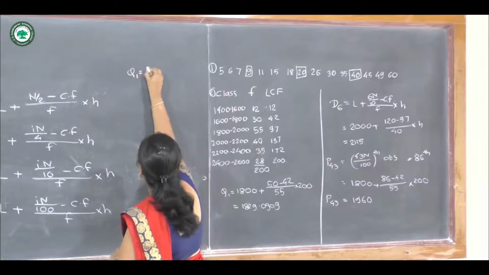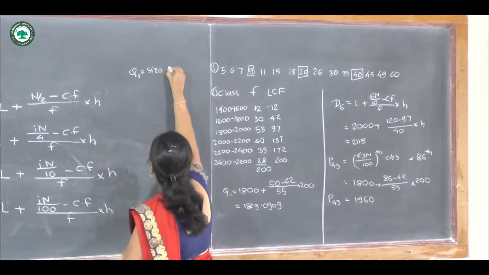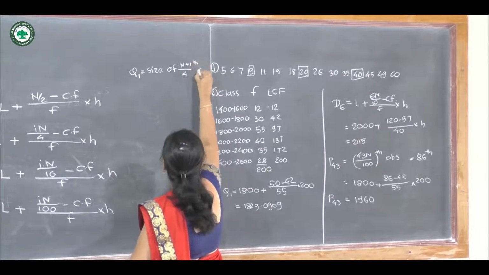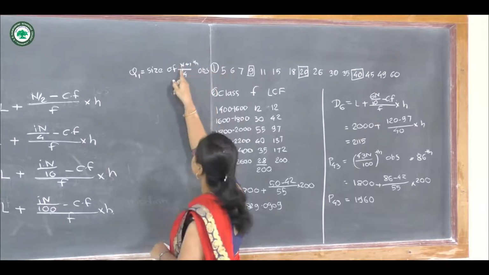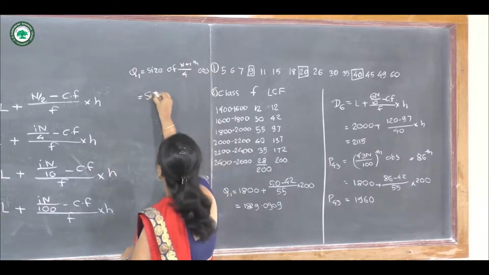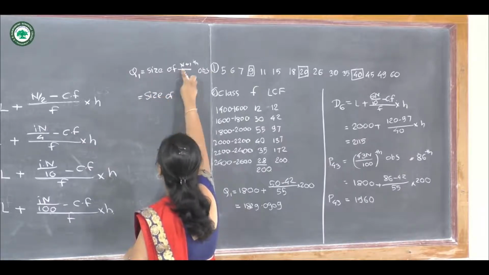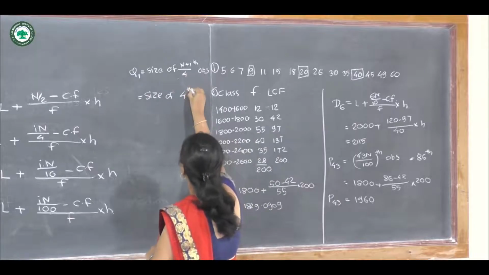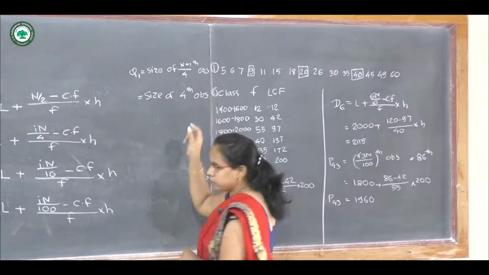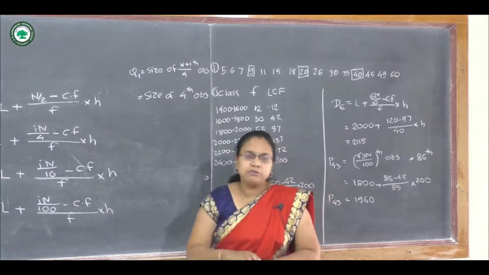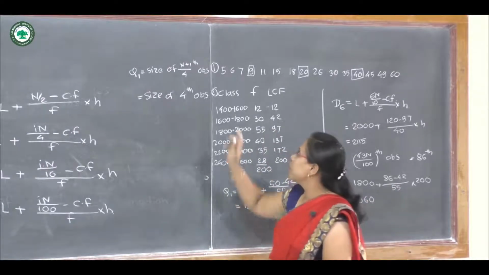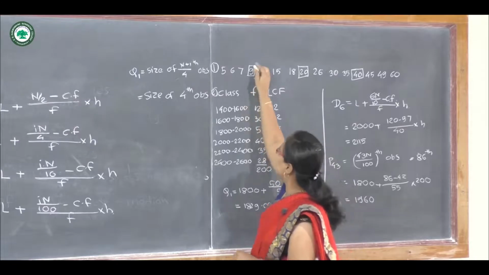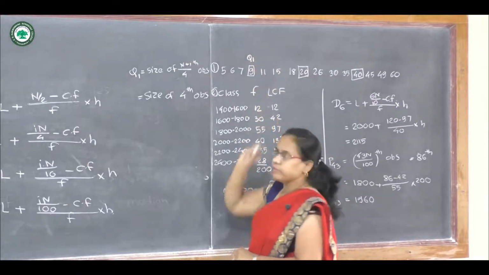So Q1 will be the size of (n plus 1) upon 4th observation. Here n is 15, so size of (15 plus 1) upon 4, 16 upon 4, means the 4th observation after arranging the observations in increasing order. So 1, 2, 3 and 4. So this is the 4th observation and it is Q1.